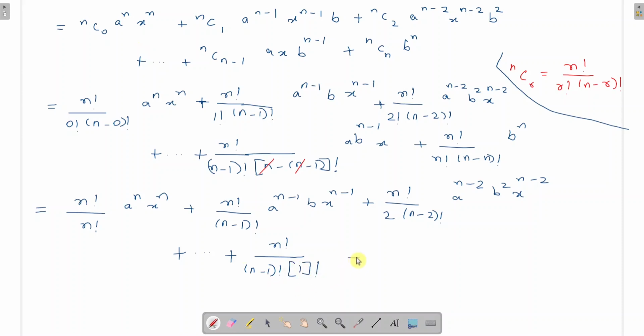Okay, plus, okay, we have to write this a b raised to n minus 1, x, plus n factorial divided by n factorial, n minus n is 0, so 0 factorial, multiplied by b raised to n. Okay, so now if you can see here, n factorial and n factorial will get cancelled, so what will remain is a raised to n, x raised to n.